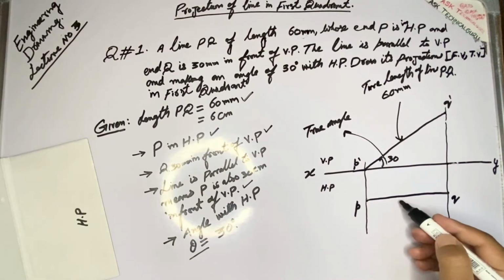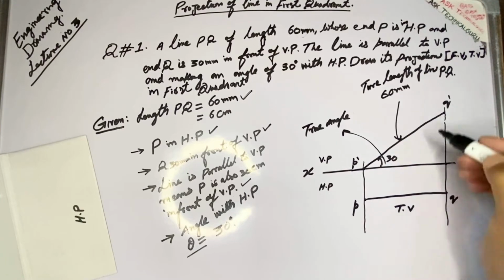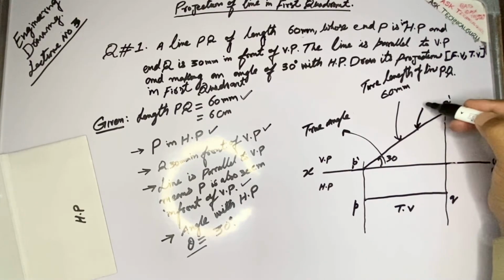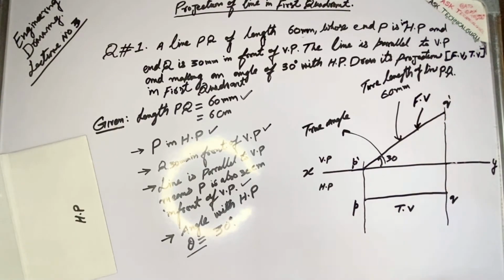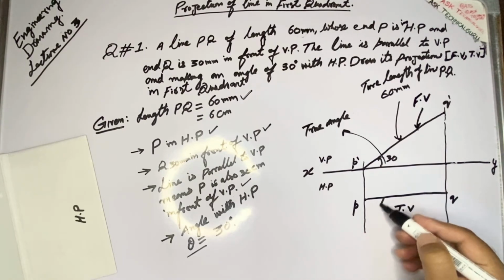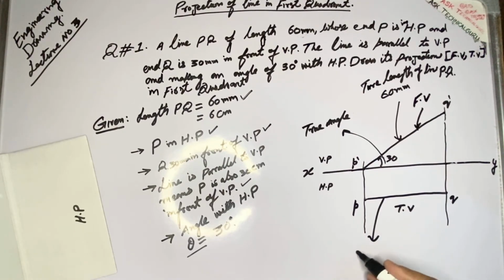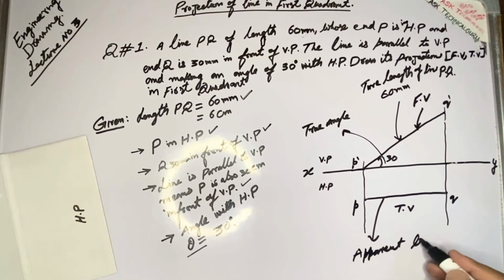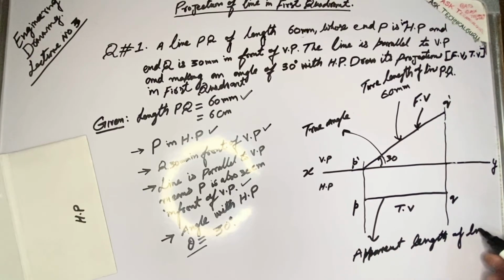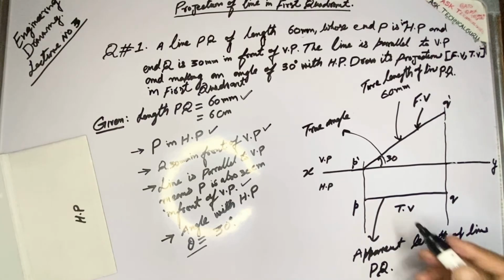This is its top view, and this is its front view. Okay, but this length is not true, it is apparent. Apparent length of line PQ. Okay, got it?